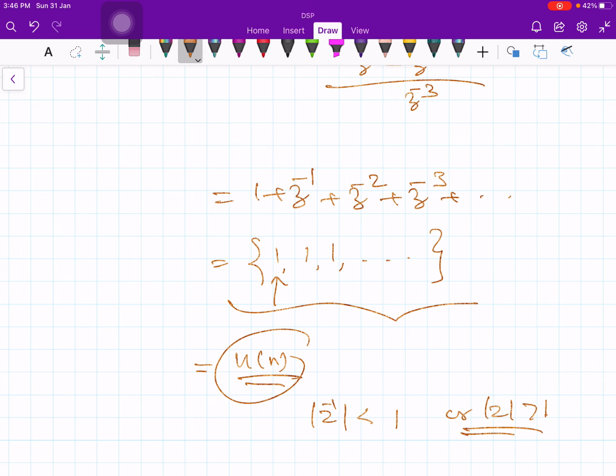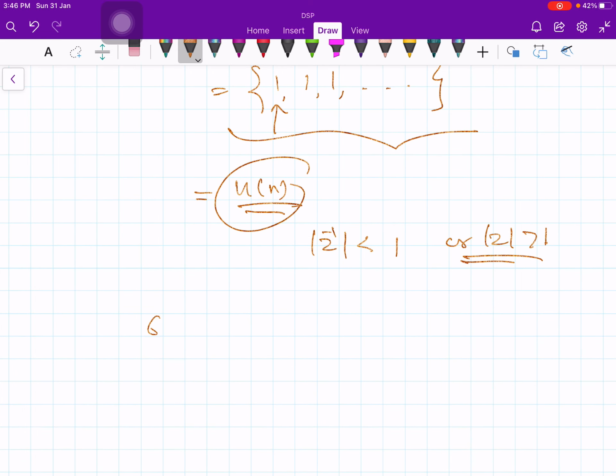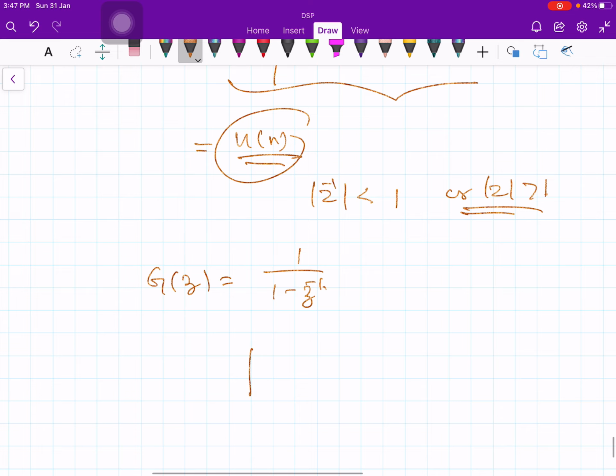On the other hand, if I carry out the long division as it is, see, the given function G of Z is equal to 1 divided by 1 minus Z inverse. Suppose I do the long division as it is, what is going to happen? Let me rewrite this as minus Z inverse plus 1 in this fashion.